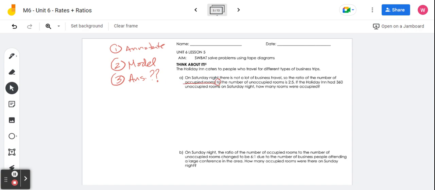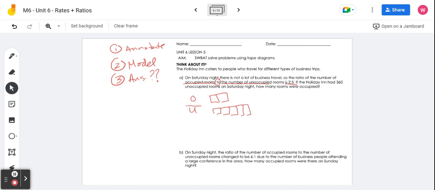I'm going to say occupied is O, and I'm going to use the letter U for unoccupied. That it is 2 to 5. So occupied 2, unoccupied 1, 2, 3, 4, 5.